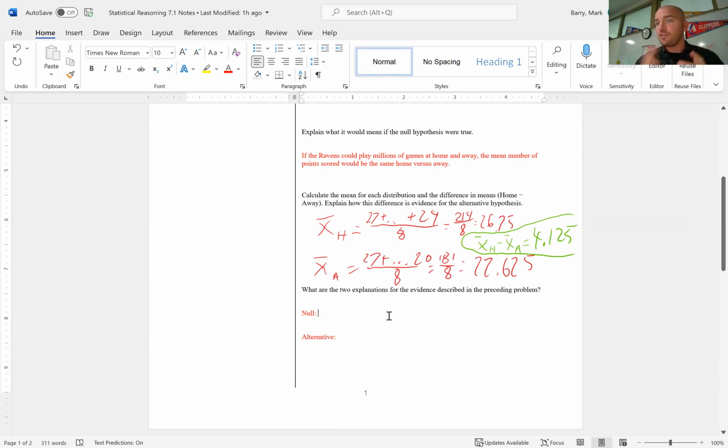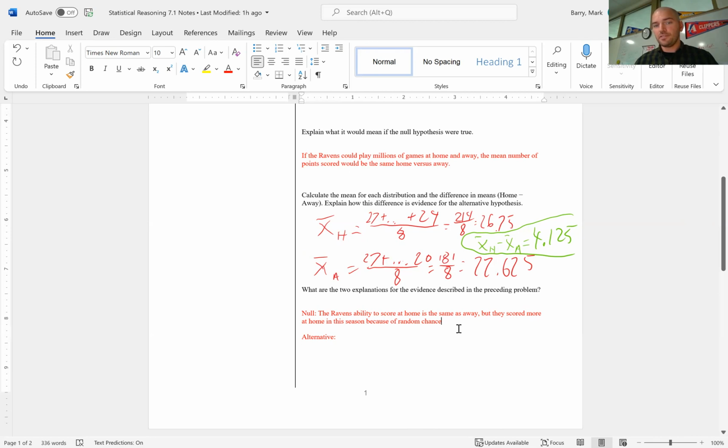For the null hypothesis, I'm going to say that the Ravens' ability to score at home is the same as away, but they scored more at home in this season because of random chance.